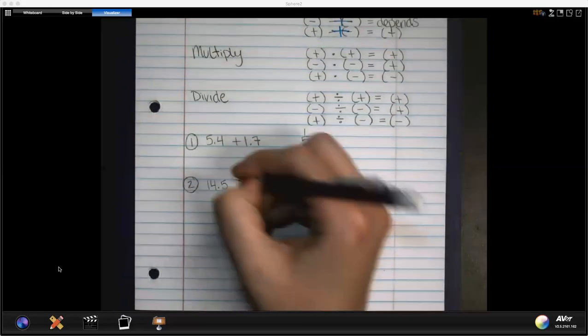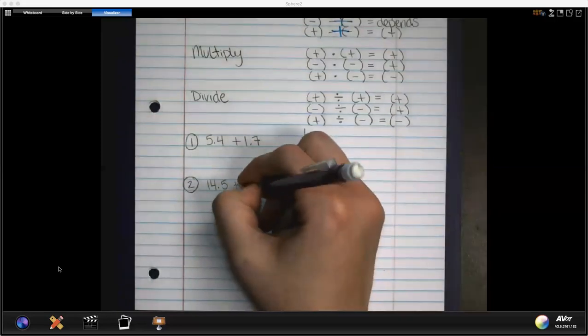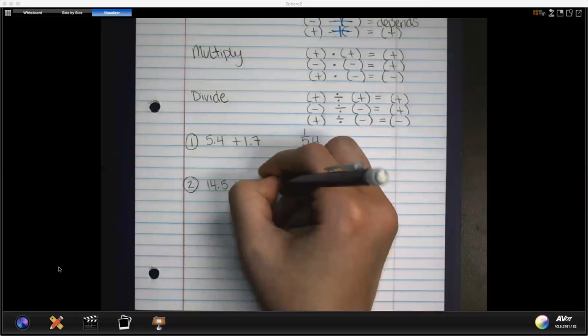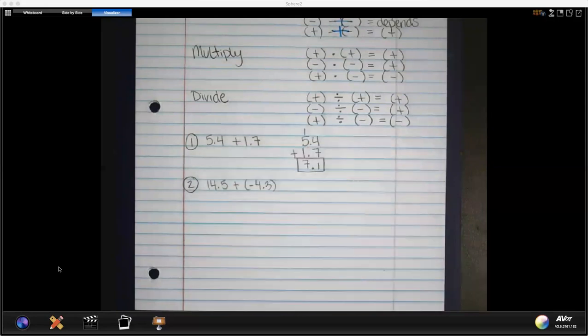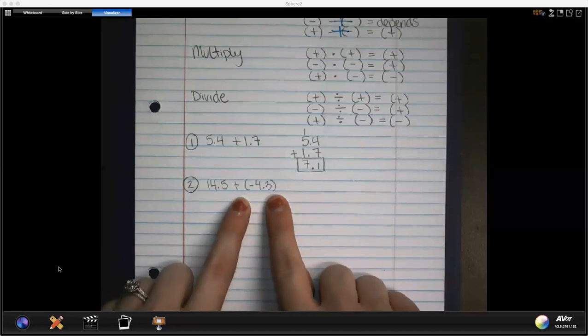Okay, 14.5 plus a negative 4.3. The reason why I put parentheses around this is just so you can identify it as a negative number.